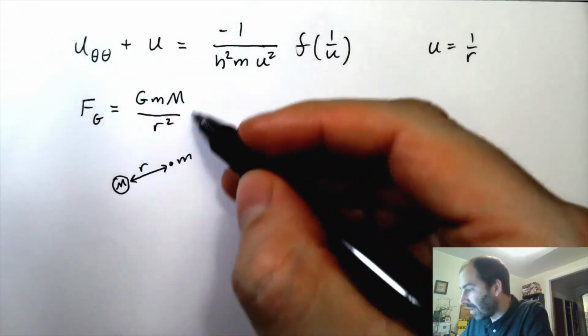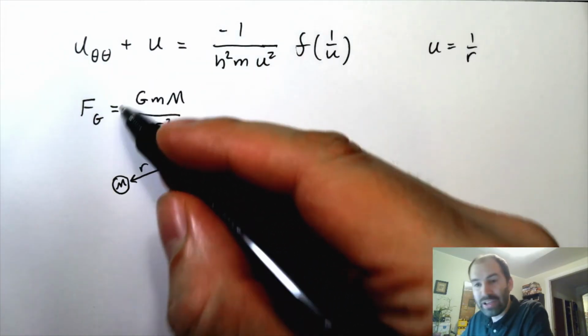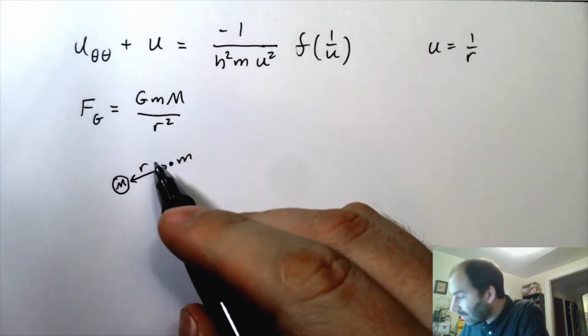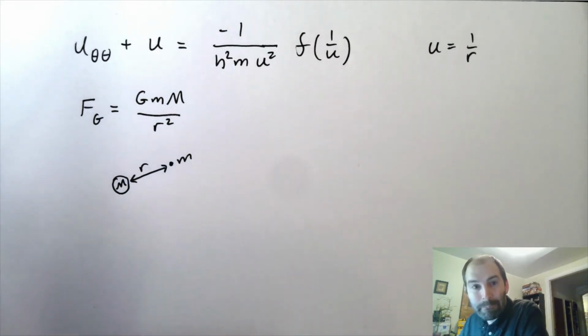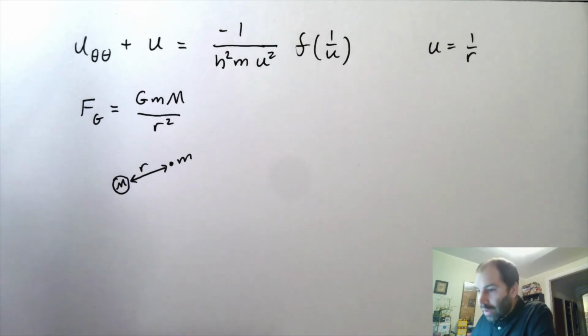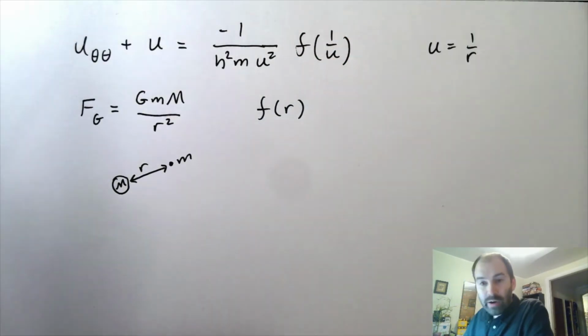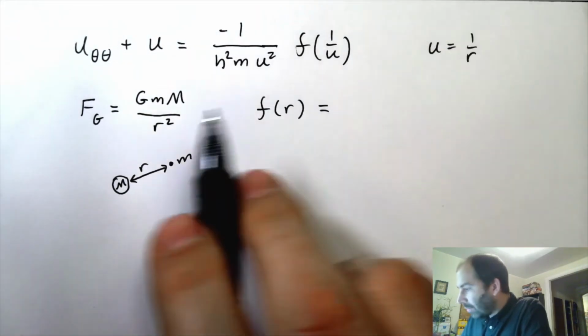And so this describes, if we multiply by this gravitational constant, the gravitational attraction that little m feels by big M, okay? So that means that our force function, f of r, is equal to that.